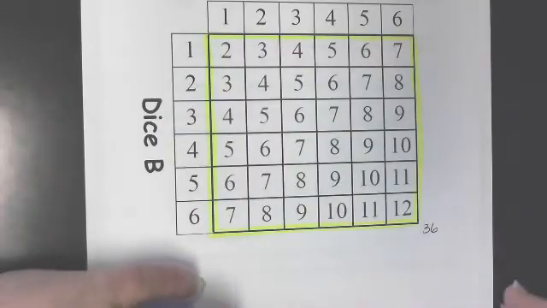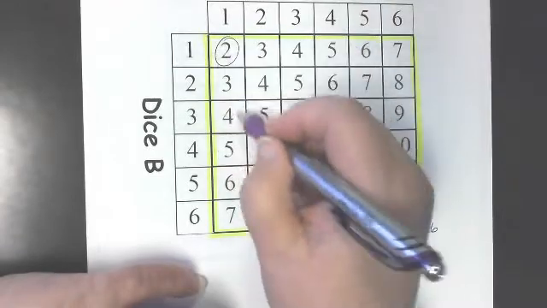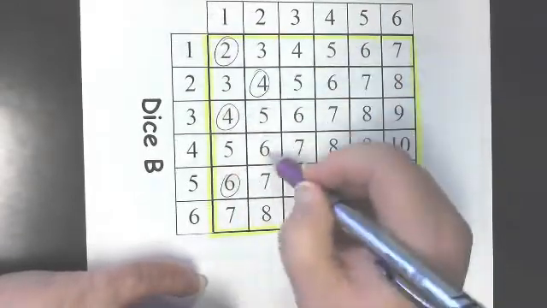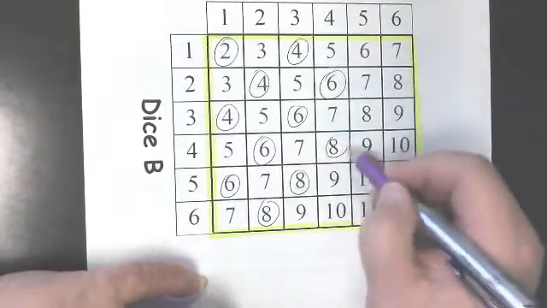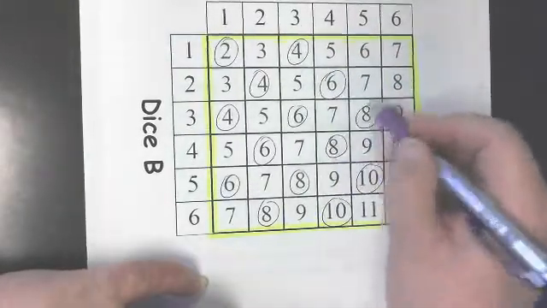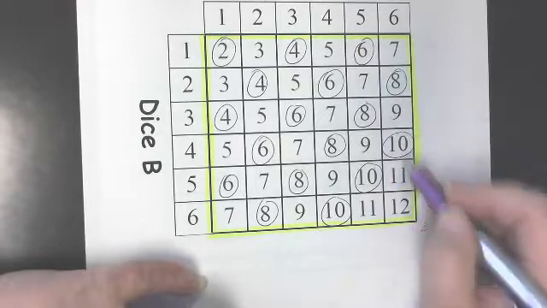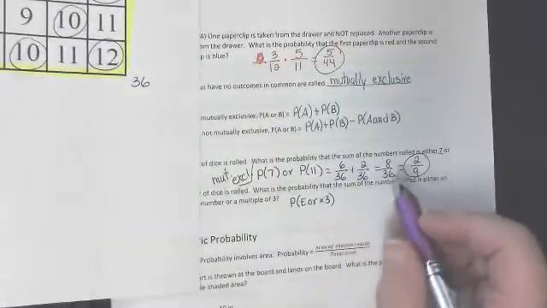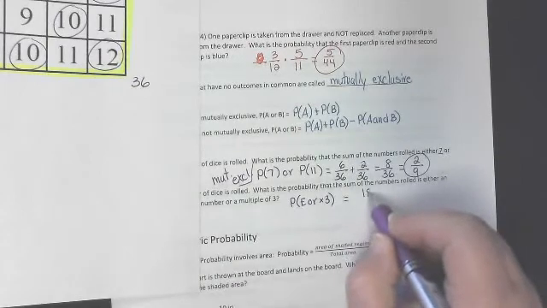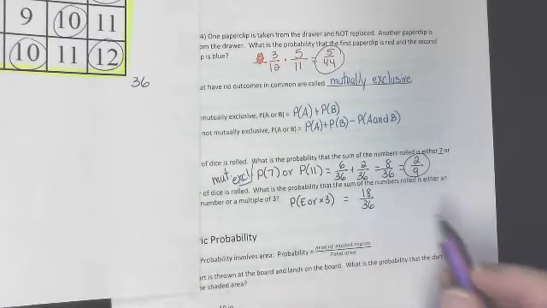Out of our 36 numbers, how many of them are even? I'm going to go through this whole process, but you could probably guess that there are going to be 18 even numbers out of my 36. So the probability of getting an even number is 18 out of 36.